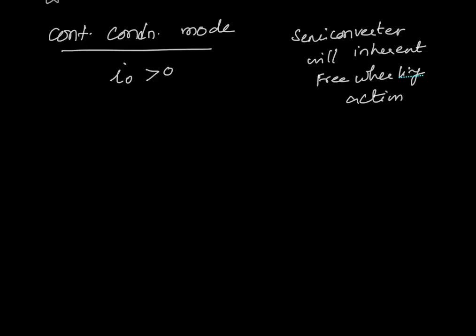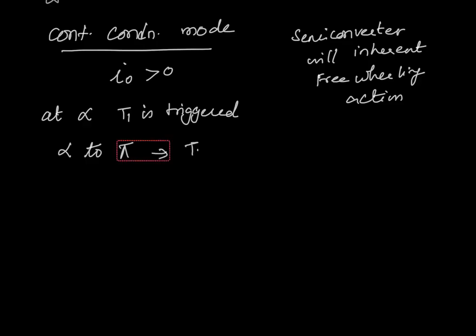So we can divide the operation into different intervals. At alpha, we will trigger T1. Once T1 is triggered, from alpha to pi, the devices T1 and D1 will be in on condition.